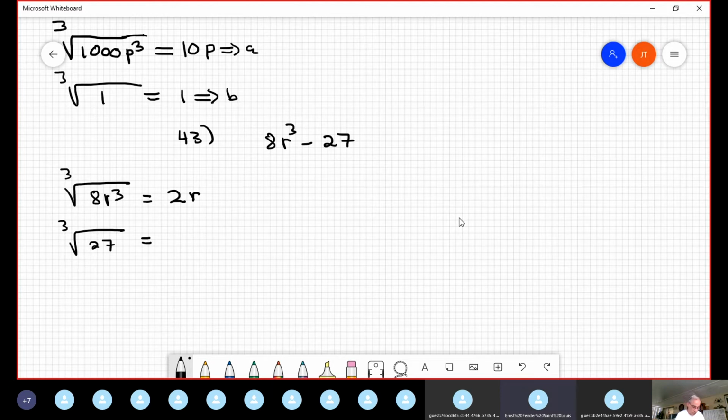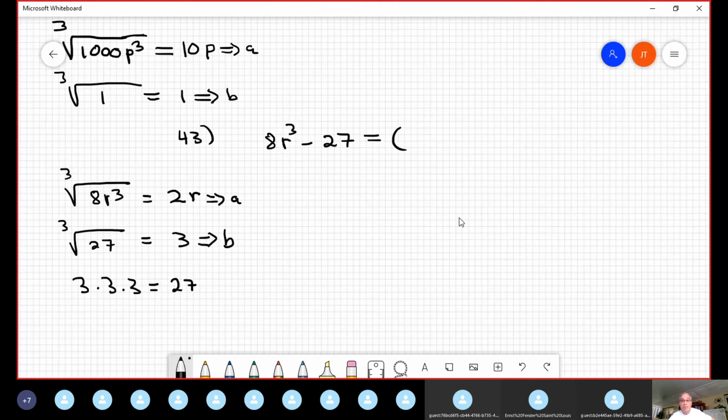What about 27? We root 27. 3. Because 3 times 3 is 9, times 3 again is 27. Super. And you put it in a calculator if you want. This number is easy by hand, but another number is, I promise, more complicated. You need a calculator to pass this class. This is my A, and this is my B in our specific example.